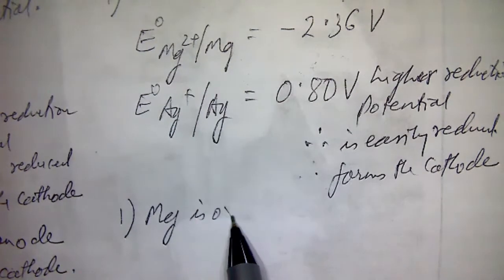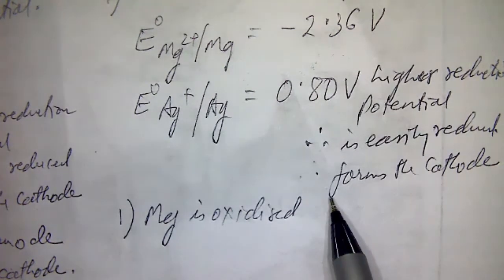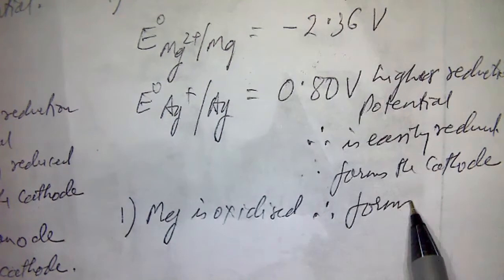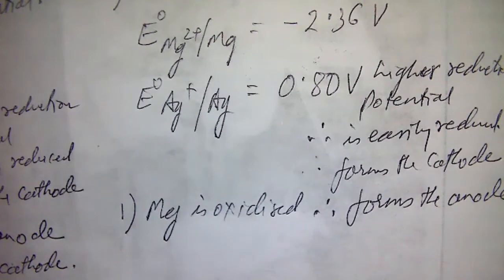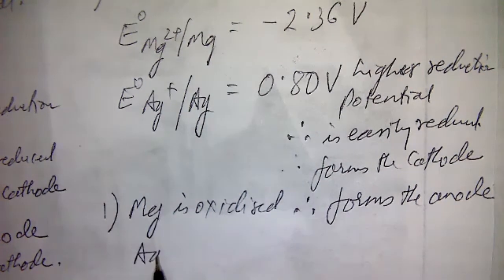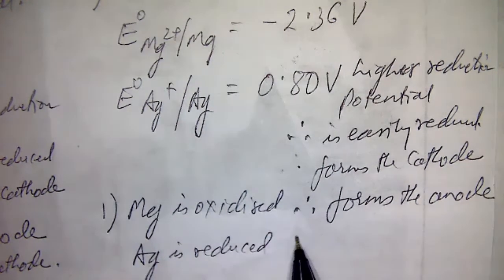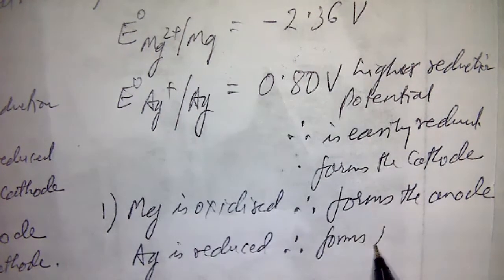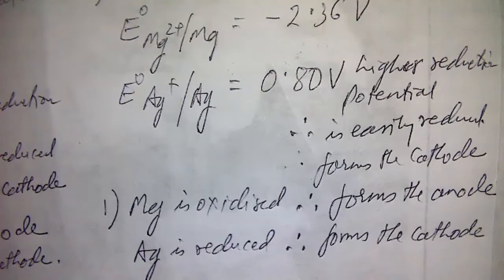Magnesium is oxidized, therefore forms the anode, isn't it? And silver is reduced, therefore forms the cathode.